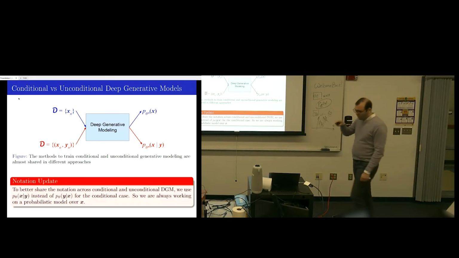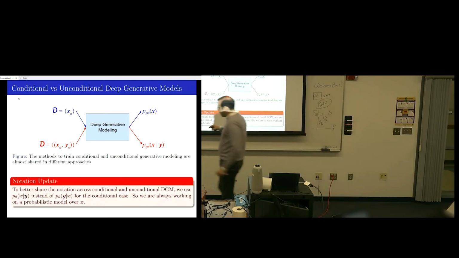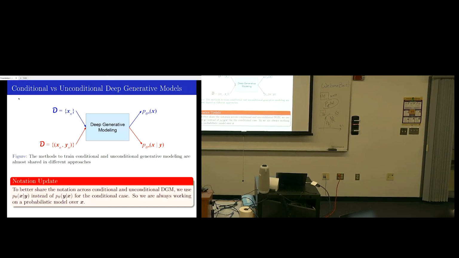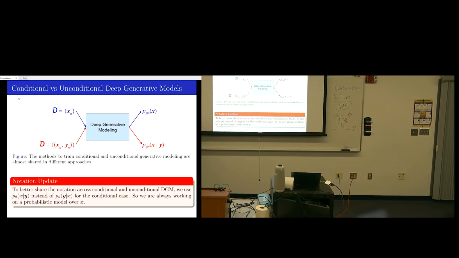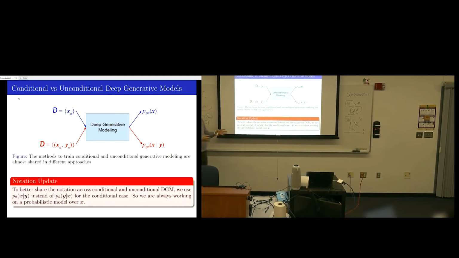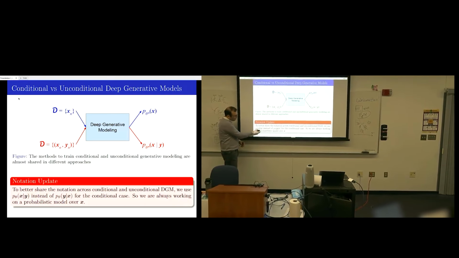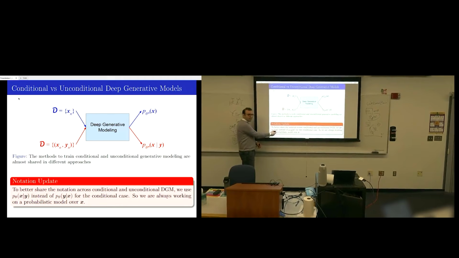One important notational point. From these slides to the end of the semester, I will use p theta of x given y, just swapping x and y. Why? Because if I use this notation, I am always modeling a distribution over x.